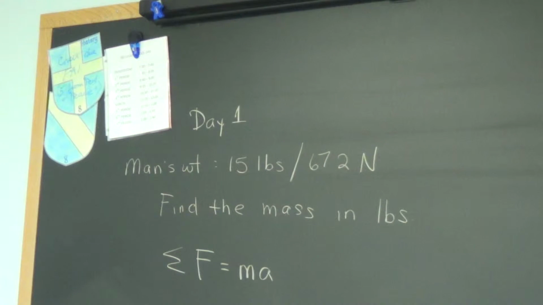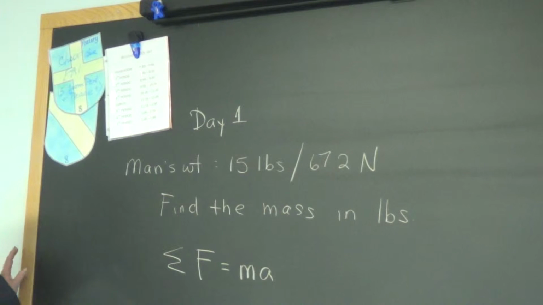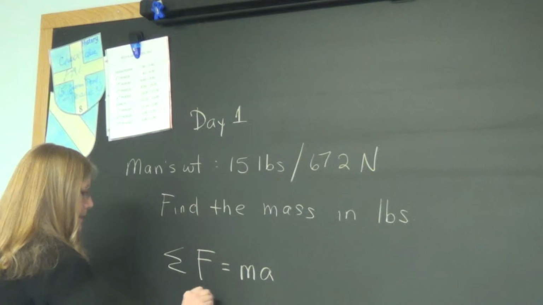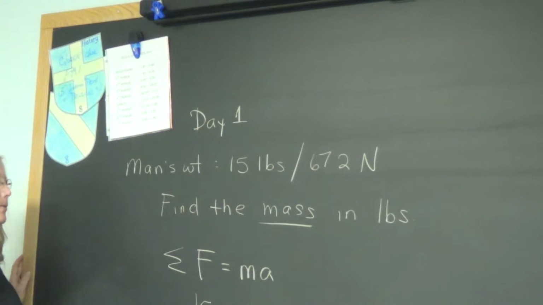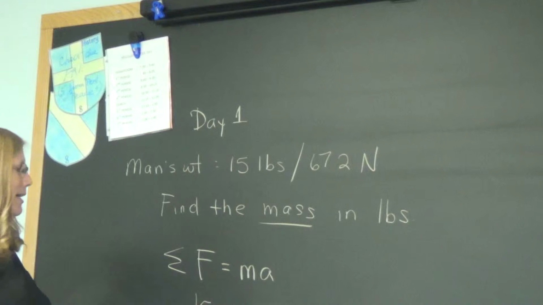So we're going to grab, Emily, number 2, we're going to grab the 15 or the 672. 15. All right, and then the mass is what we're looking for. It says find the mass. And what's the acceleration on a man who is still? We're not looking at an acceleration from pushing a rock horizontally, but a man who is still and who is being weighed, we don't care about his horizontal motion.